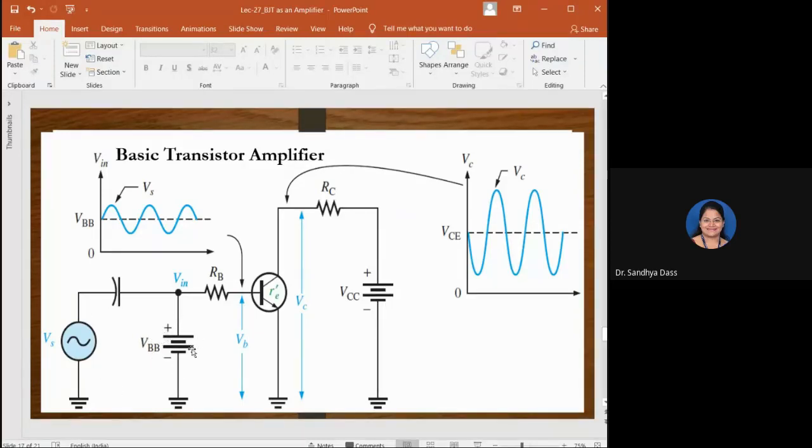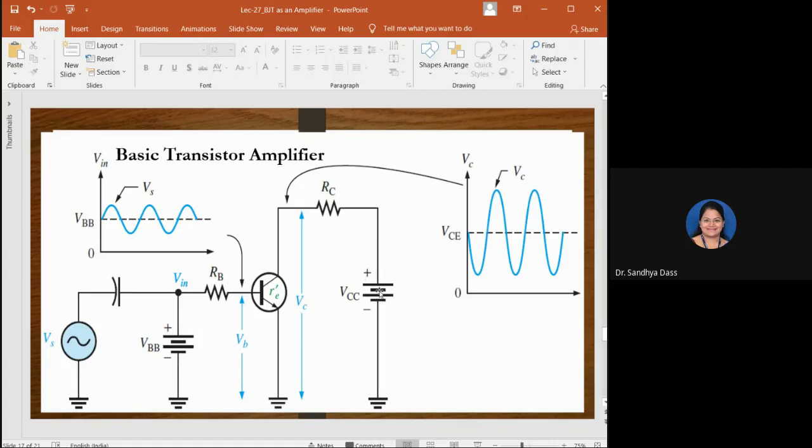VBB is for biasing, and VS provides your input voltage. The voltage across VBE, termed VB, is your input voltage. At the output, what you get from this configuration is your collector current, and the voltage across collector and emitter, VCE, will be your output voltage.